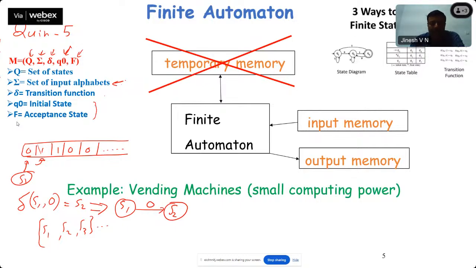Now we'll see how to represent this machine. Once you have the machine, how to represent it. Basically there are 3 different methods to represent this automata machine. First one is the state diagram. You can see it on the right side, up in the corner.